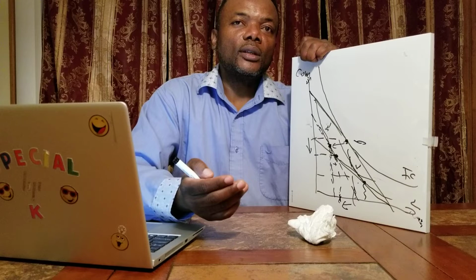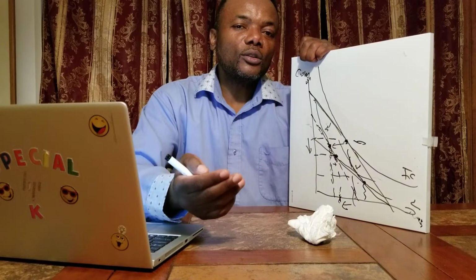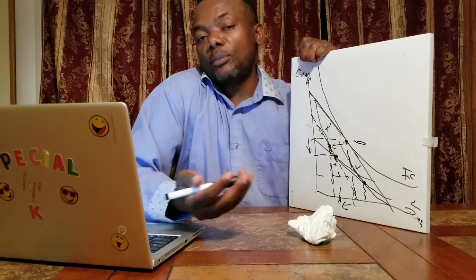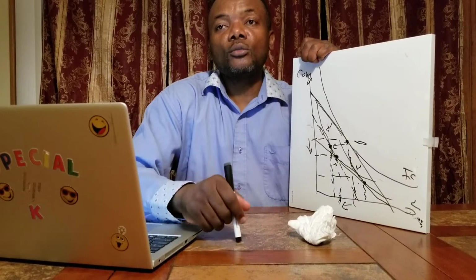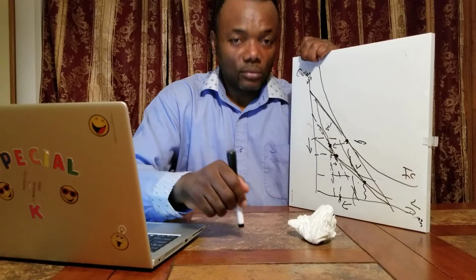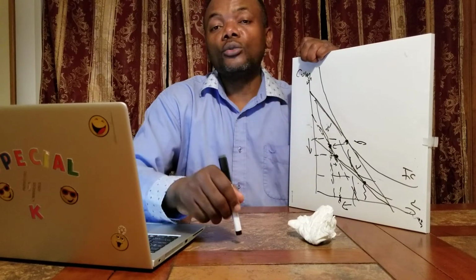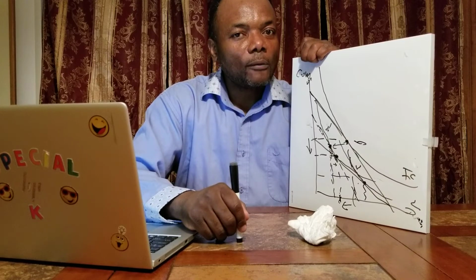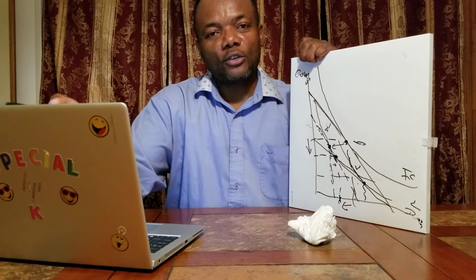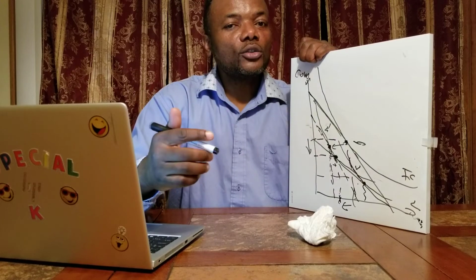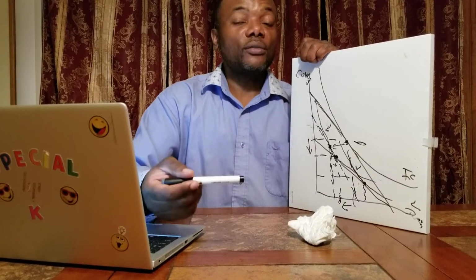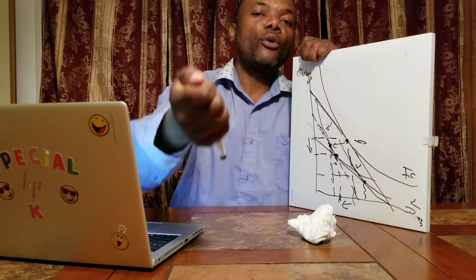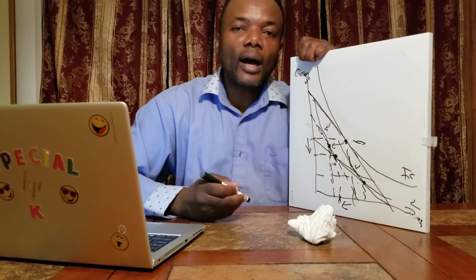Okay, because you substitute, and there are two things that can happen. Depending on the consumer, you can either be a consumer who substitutes labor for leisure, which means you reduce the hours of labor because you get paid less and spend more time on leisure, or the other consumer will have a substitution effect, which is still negative, but will have more hours of leisure and less hours of labor.